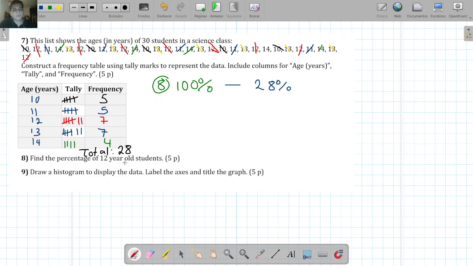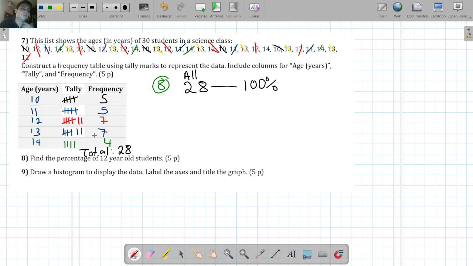But I want to know only the percentage of 12-year-old students. So we know that the total of the students, the ones that represent the 100%, is 28. So we have 28 students, 100%. And remember, this is all.